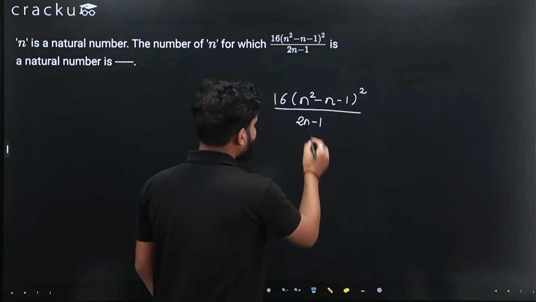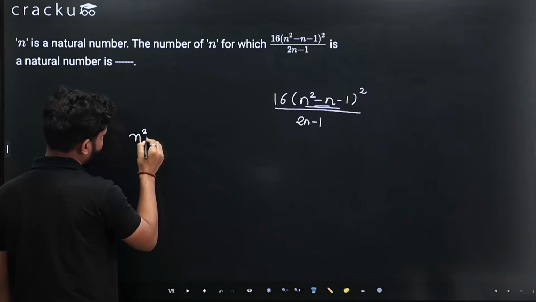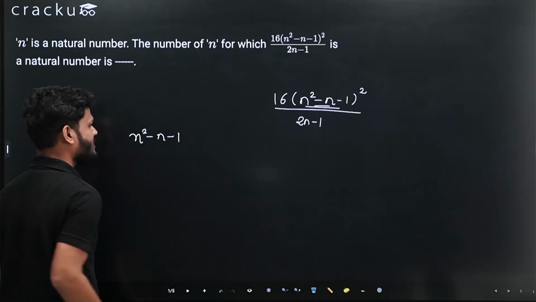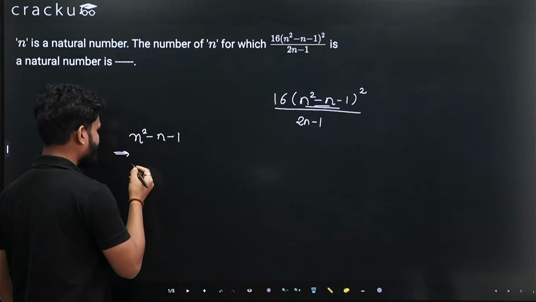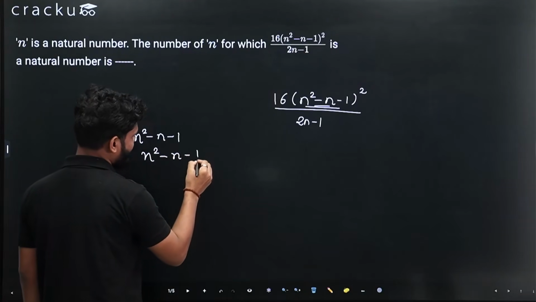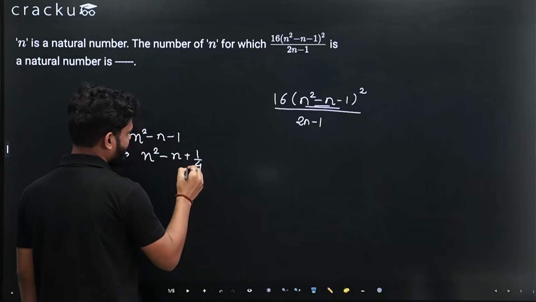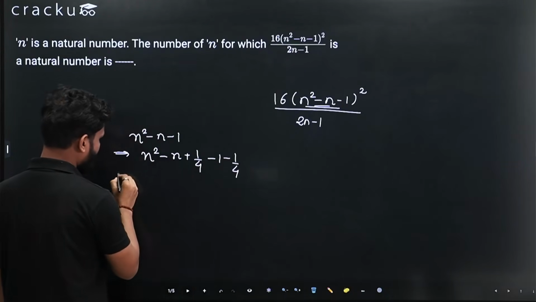So basically look at this term. It is n square minus n minus 1. Can I write this term in form of a complete square? Yes, I can. How can I write? N square minus n plus 1 by 4, minus 1 minus 1 by 4. Now what is this?